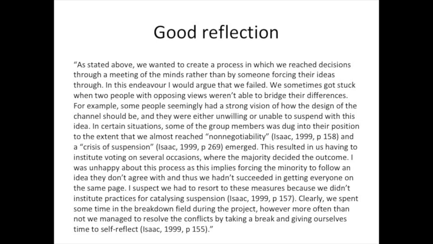We just took a break to self-reflect, and then when we came back and discussed further, we could actually solve the polarization. So if this is true that they most often did that, I think that the initial claim that in this endeavor I would argue we failed is too harsh. They might have failed some of the times, but apparently not all the time.